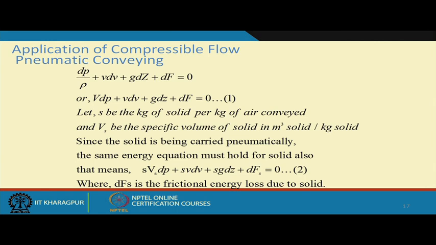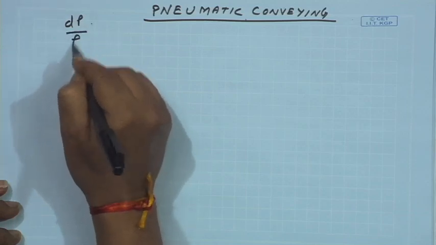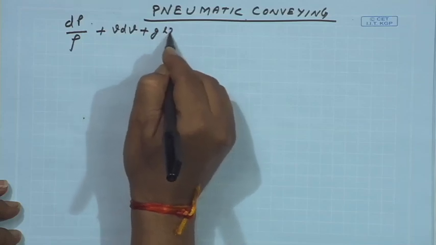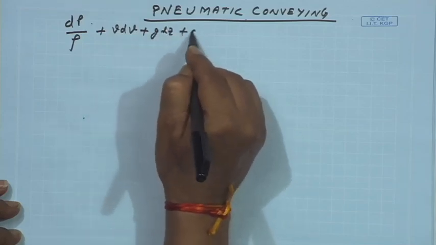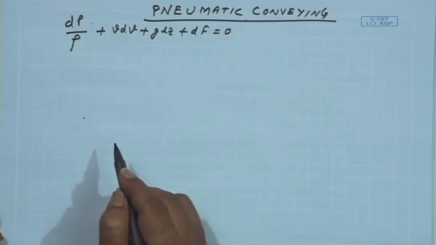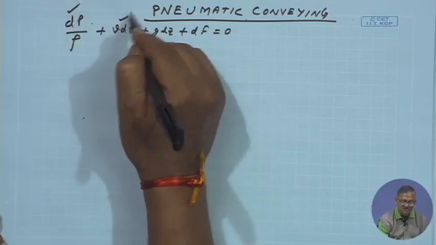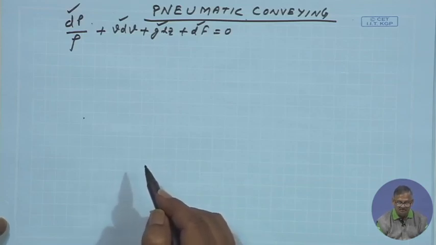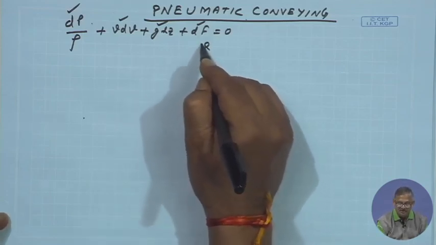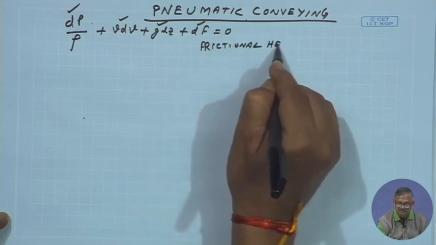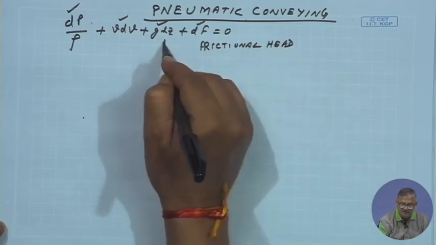If we look at that Bernoulli's equation, it was dP by rho plus V dV plus G dz, plus dF, equal to 0. We said that this is the pressure head, this is the velocity head, this is the gravitational head, this is the frictional head.